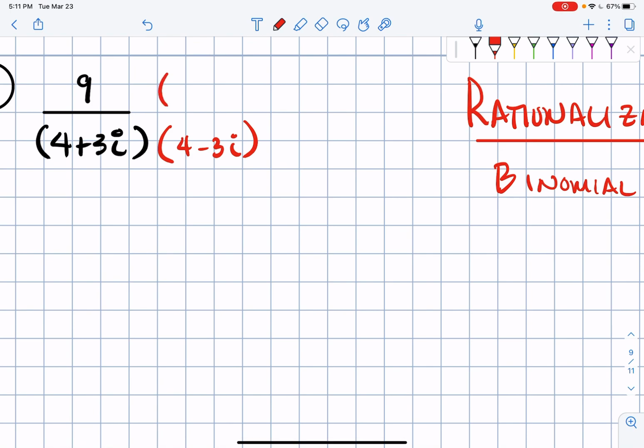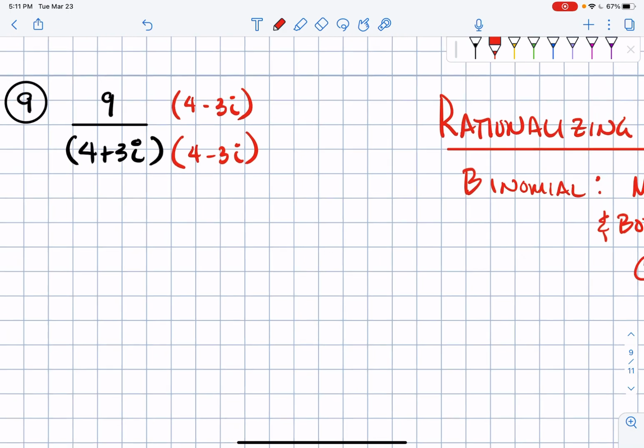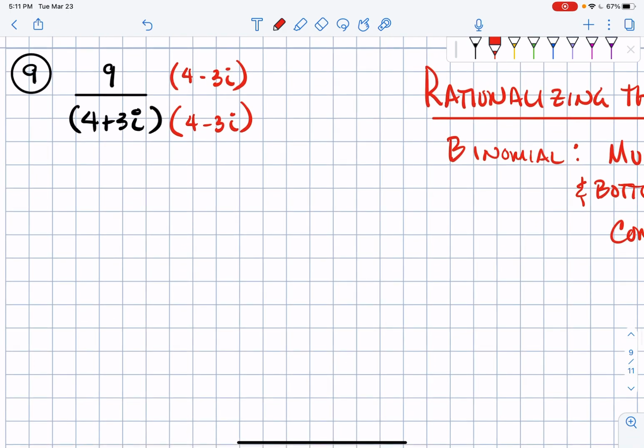Since I did it to the bottom, I have to do it to the top. So my top is going to be distributing. And since my bottom are conjugates, all I have to do is flip first and last. So when I distribute the top, I should get a 36 minus 27i.